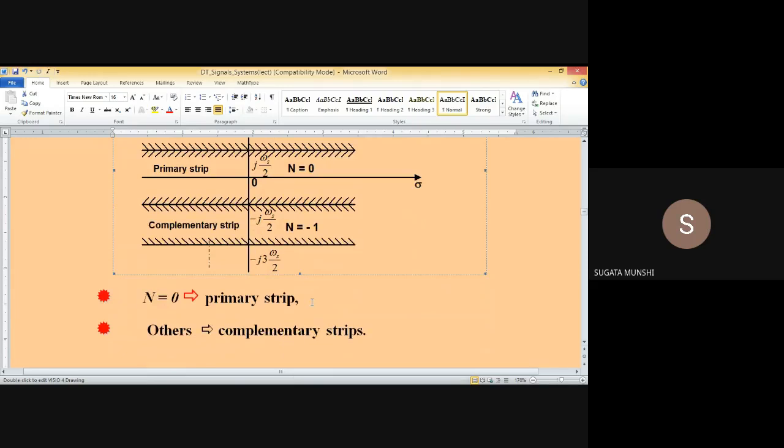n equal to 0 corresponds to the primary strip, and the others are called complementary strips.